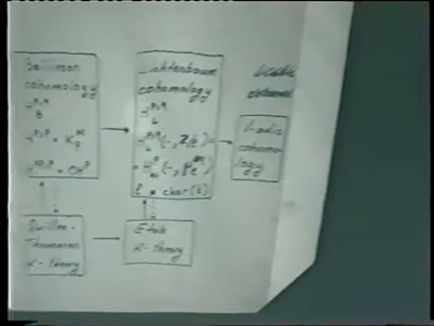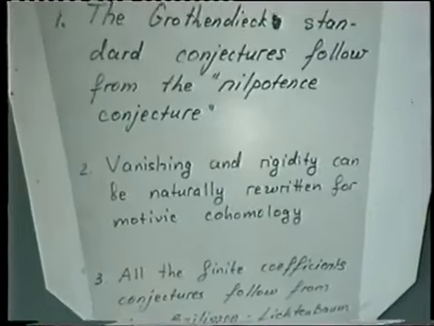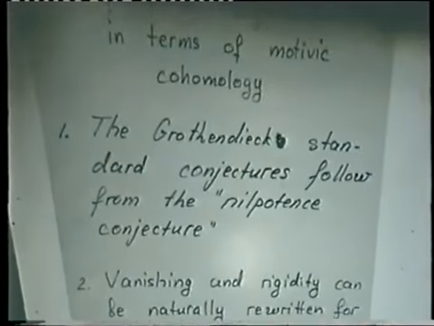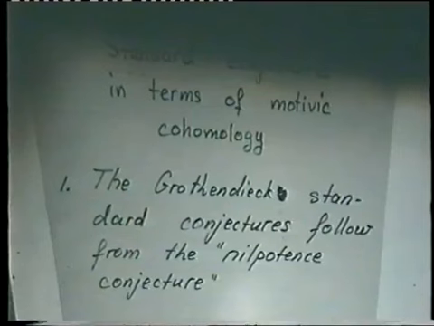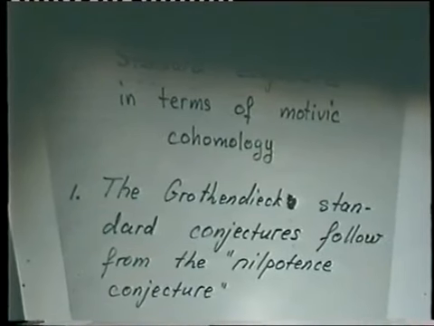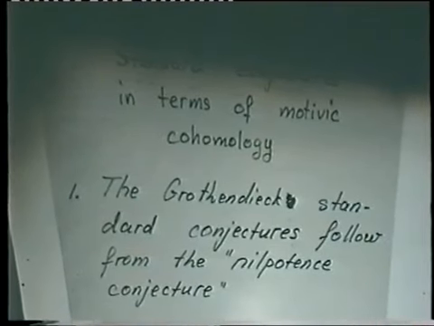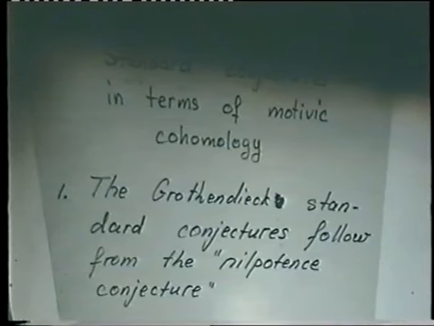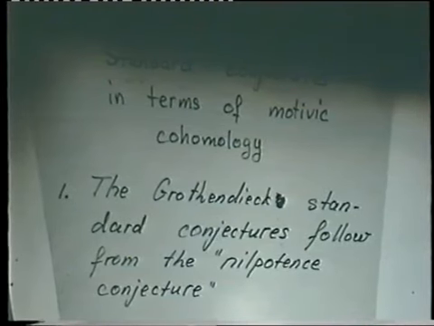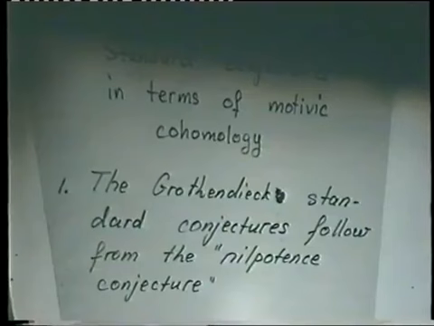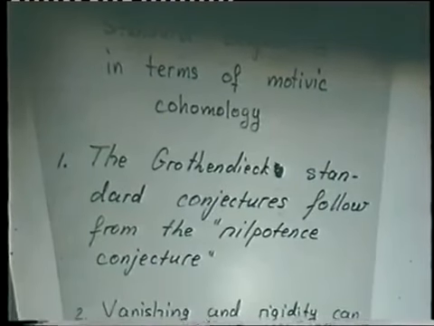And then there was also a corresponding change in the structure of conjectures. So we basically have, again, of course, three groups of conjectures. Now all of them can be formulated purely in terms of motivic cohomology. So the Grothendieck standard conjecture, this is something which I did some years ago, can be reformulated, and well, it's not exactly a reformulation, it's a strengthening.